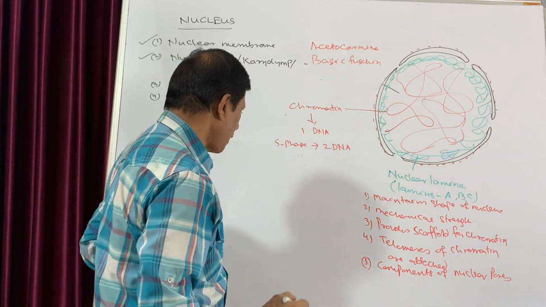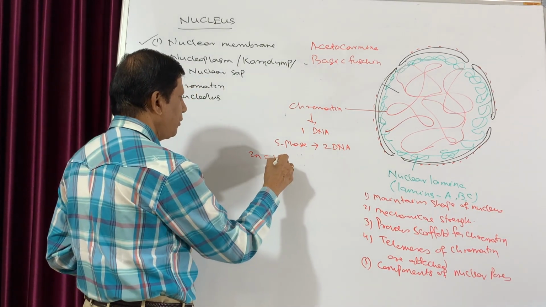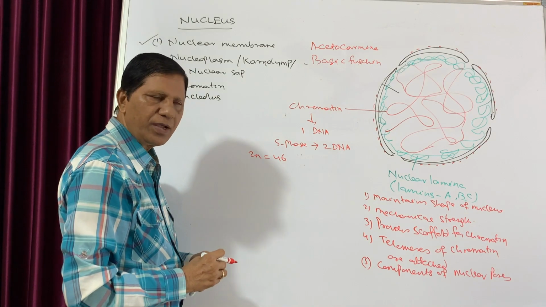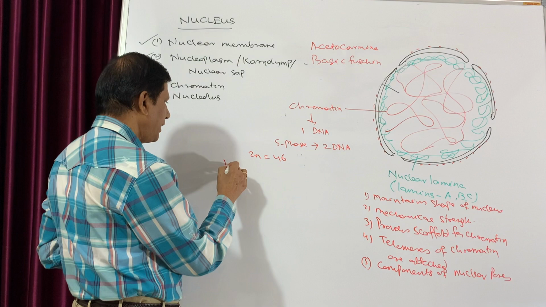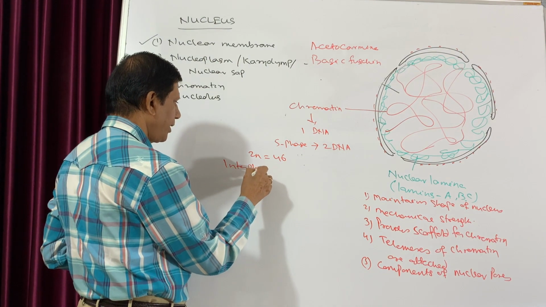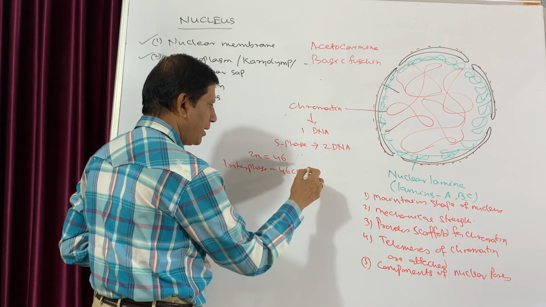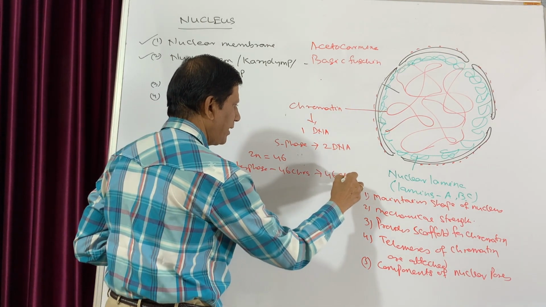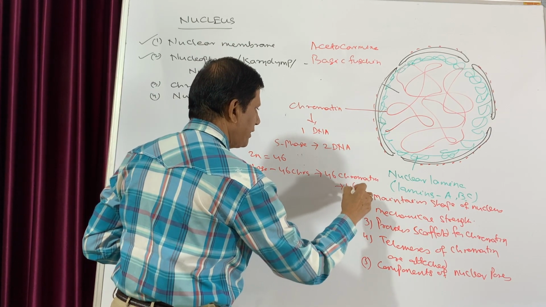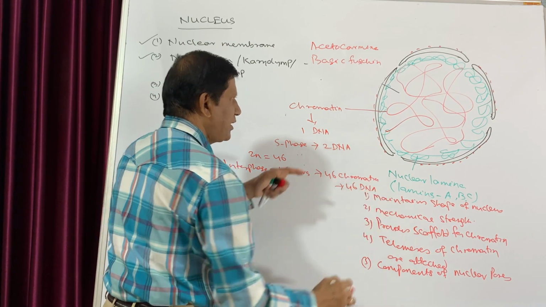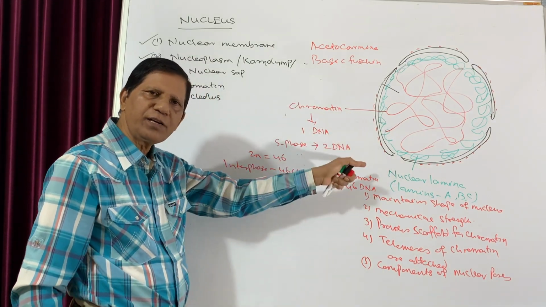Suppose you take the case of human beings. In human beings, 2n is 46 chromosomes. When they are present in interphase, there are 46 chromosomes, meaning 46 chromatins and 46 DNA molecules.